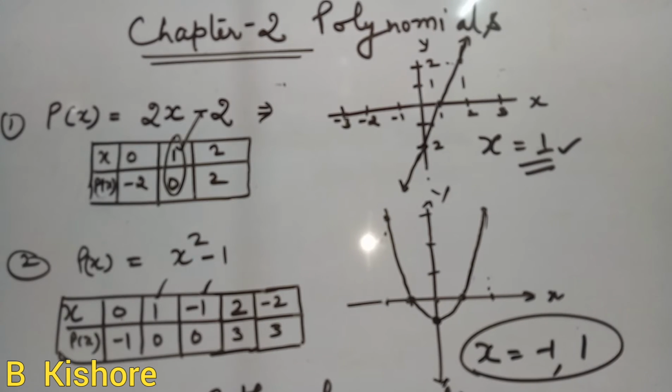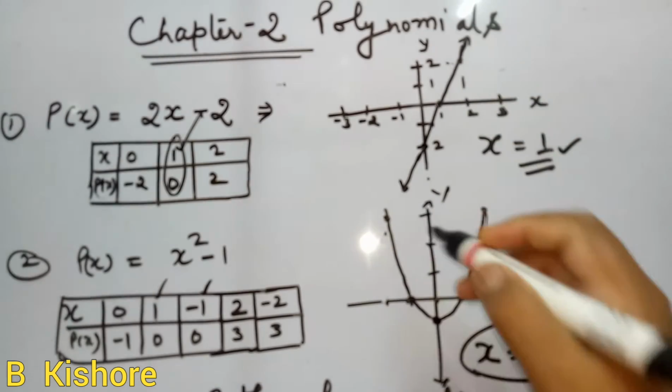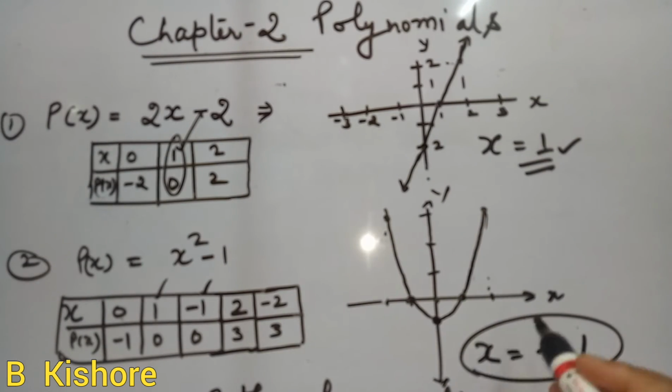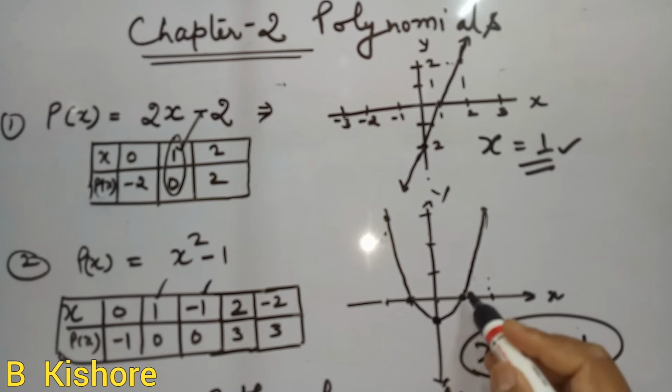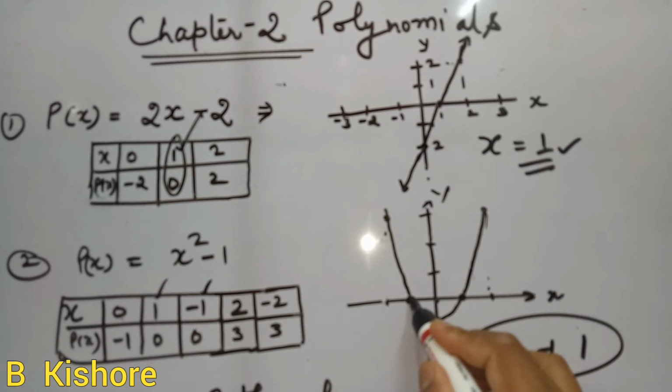So what we can say, if we see a graph of the polynomial, the points where it touches the x-axis are the zeros of the polynomial. In this graph it touches at 2 points, so these 2 points are the zeros of the polynomial.